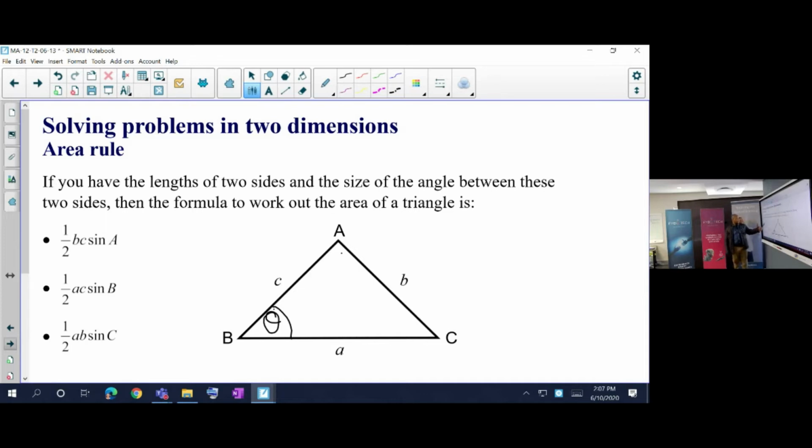Hence we have C sine A. Again, if your angle is B, then you are using A and C, half base times height, in this case half AC sine B. Lastly, if you are using the angle C, your two sides around that are A and B. Hence, your formula will be half AB sine C.